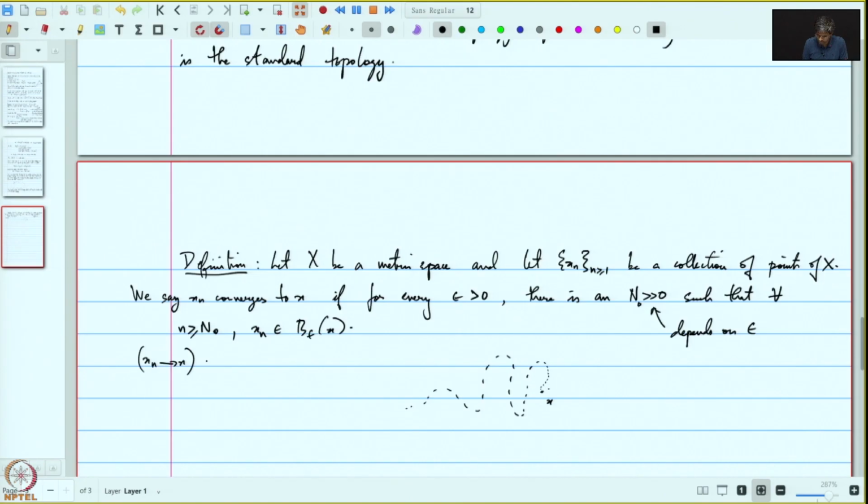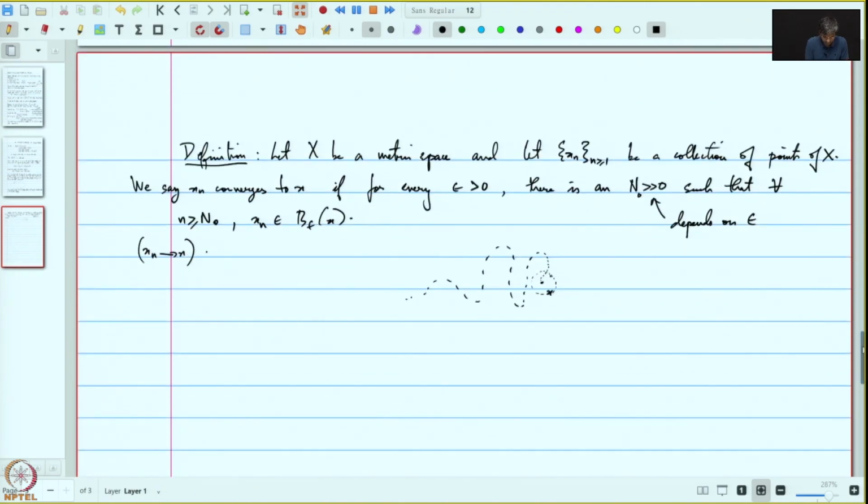Or precisely what we want is, no matter how small we take epsilon, when we take the epsilon ball around x, after finitely many n's, all the xn should be in that epsilon ball. Okay, so let us prove this lemma. Let X be a metric space, and let A contained in X be a subset.